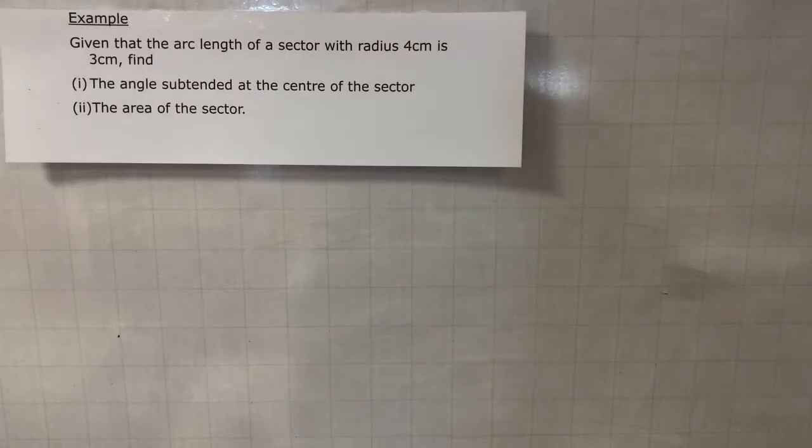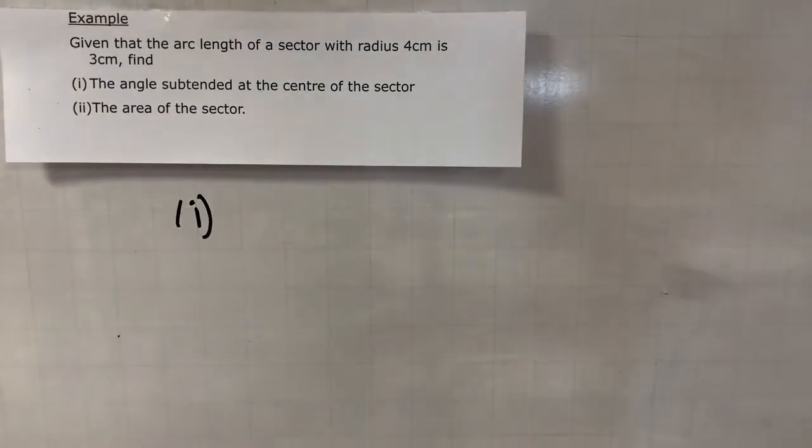So using our new found formulae, we've got the radius of a sector is 4, and the arc length is 3. So it says, first of all, find the angle.